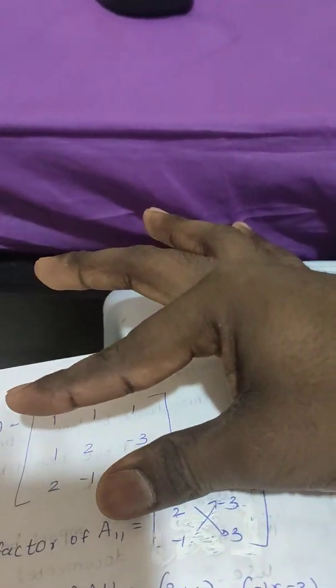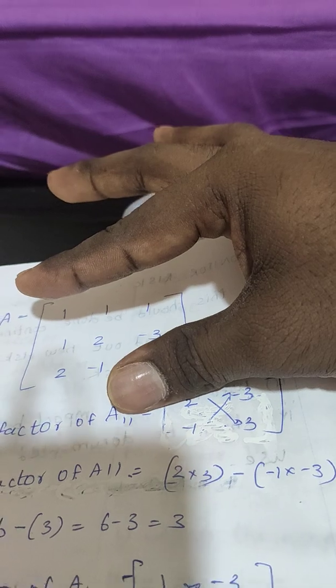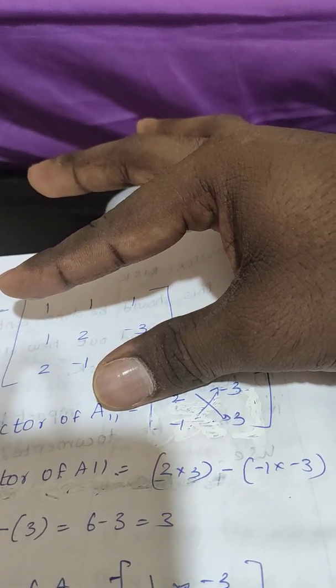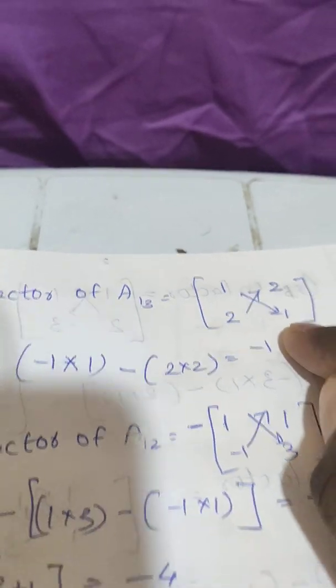So the cofactor of A13: first row and third column, which is this one. Since this is the third element, I'm going to keep the plus sign, no minus. I take out the row and the column, so the balance is 1, 2, 2, minus 1.